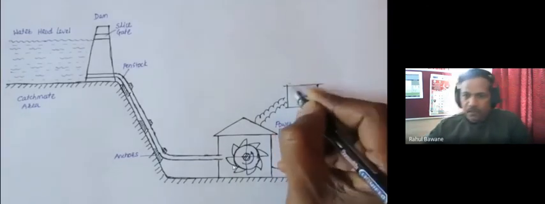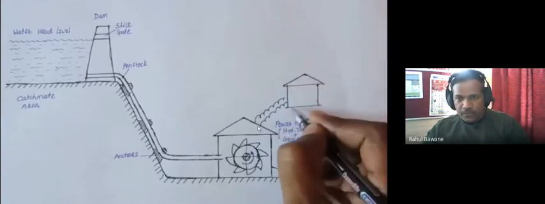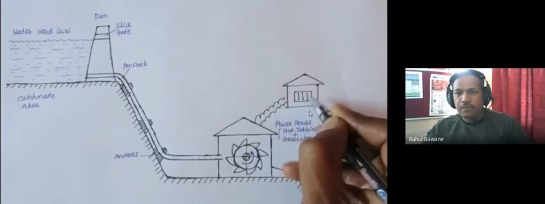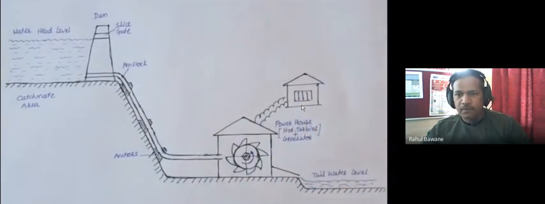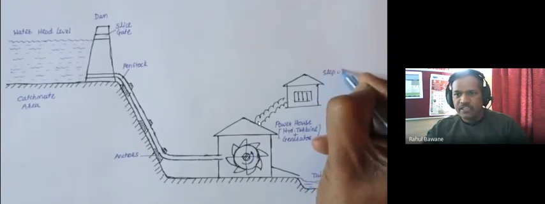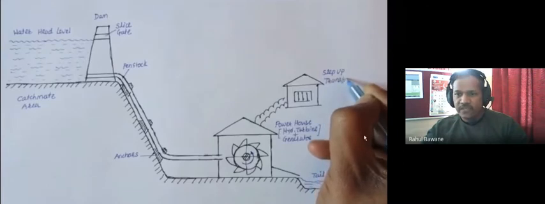Now what happens to the generated power? Whatever power is generated, we have to step up with the help of a step up transformer. So generated power is always supplied to a transformer unit.